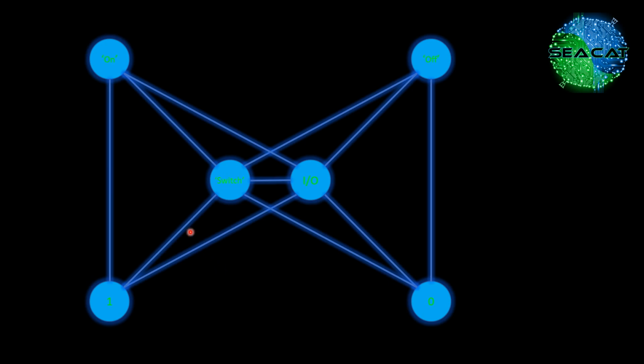But we're not. We haven't got lines between on and off and 1 and 0. You might think there would be, because in our minds, looking at this, we would say they are connected because they're the different options. But it's the very fact that they are the different options, which means they're not connected.